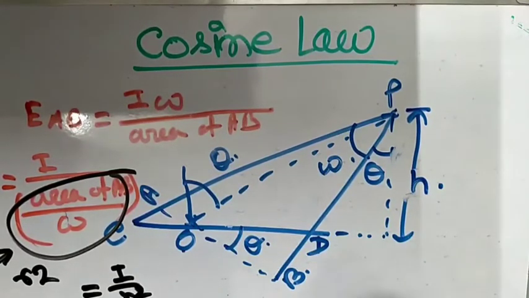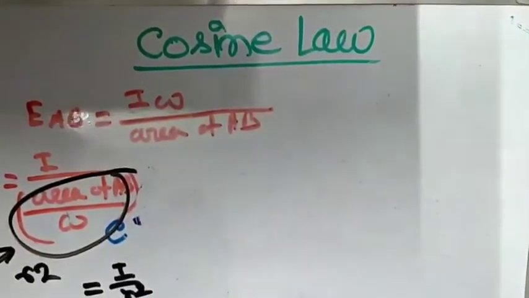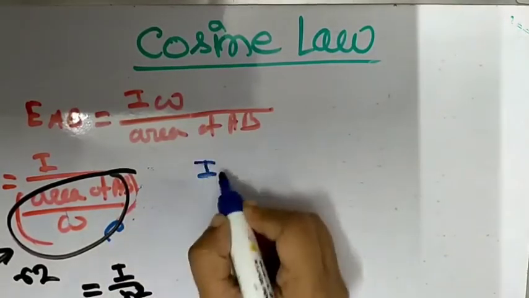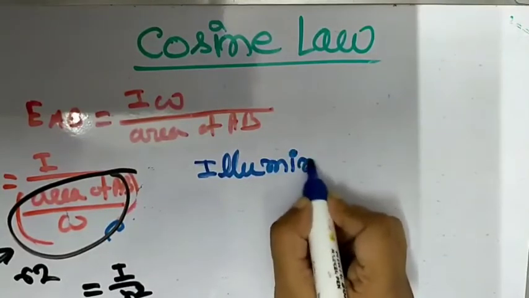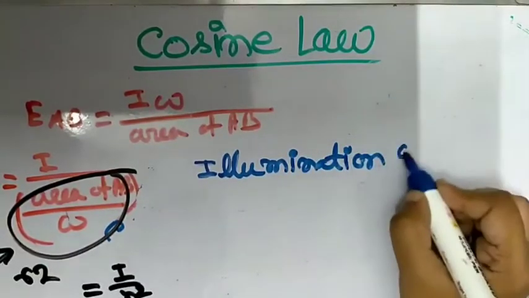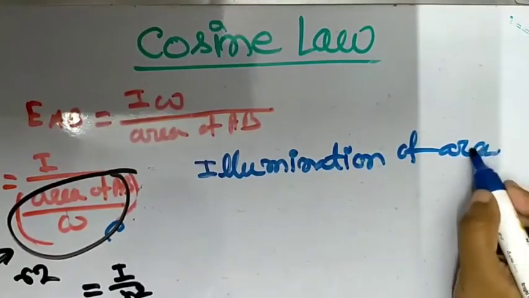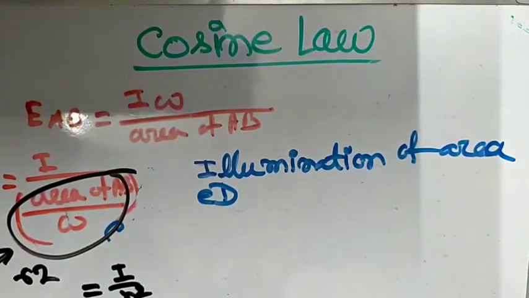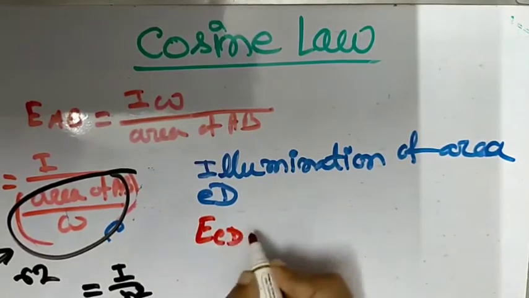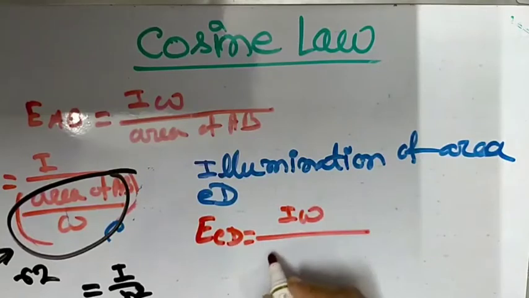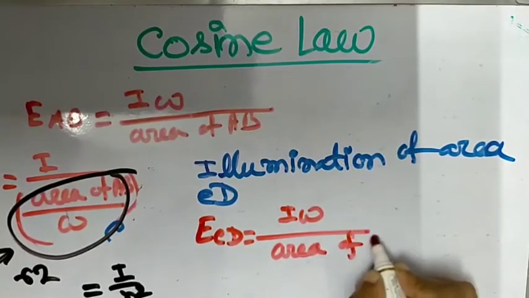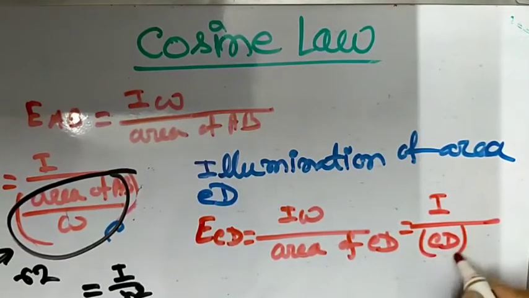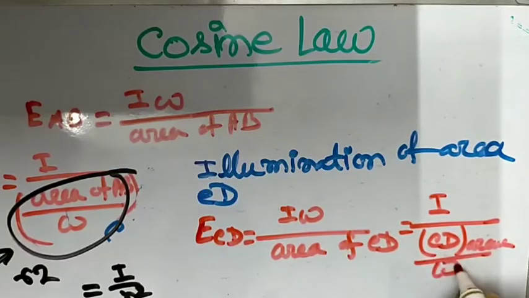Similarly, the illumination of area CD, ECD, is equal to I into omega by the area of CD, and this is equal to I, the area of CD by omega.